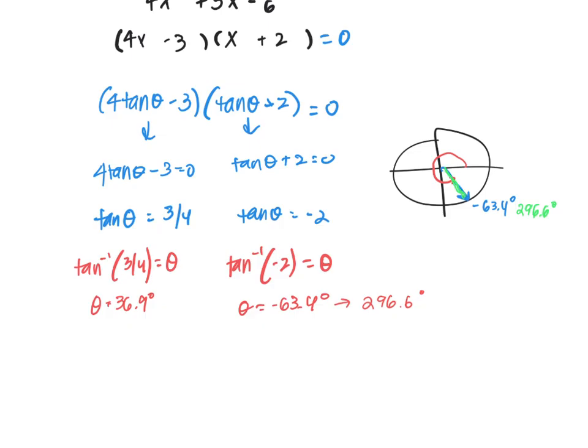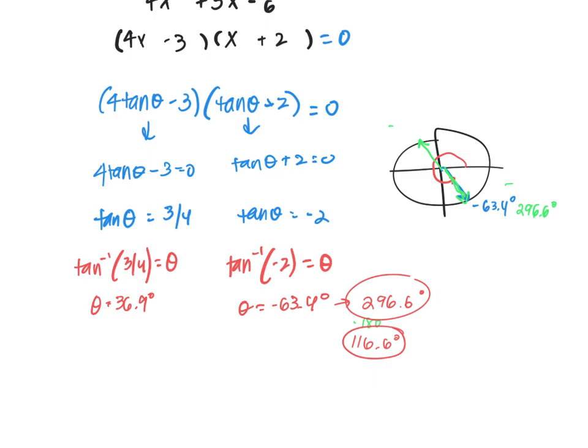If tangent is -2 right here, tangent will also be -2 180 degrees away, because tangent is negative in quadrant 4, but it's also negative in quadrant 2. So I can subtract 180 to get our other answer, 116.6 degrees. So here are our answers over here.